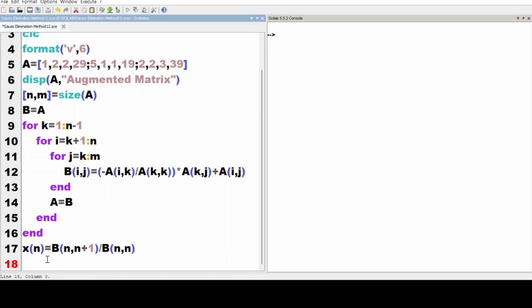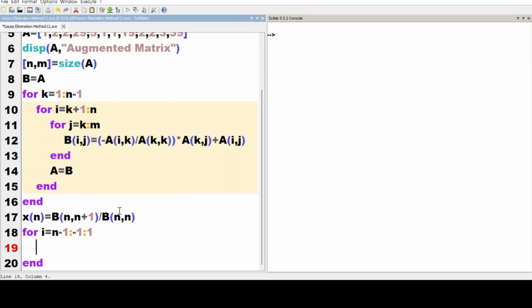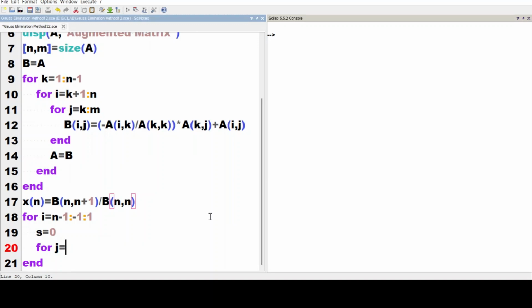Now we start a for loop for i is equal to n minus 1, decrement of minus 1 and final value 1. Here we define a variable s is equal to 0. We start another for loop, j is equal to i plus 1 to n.